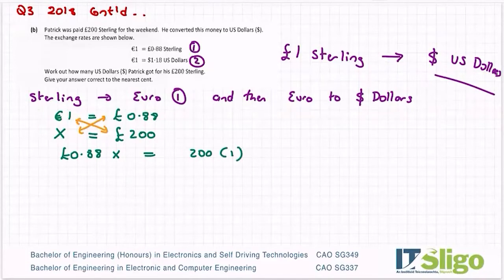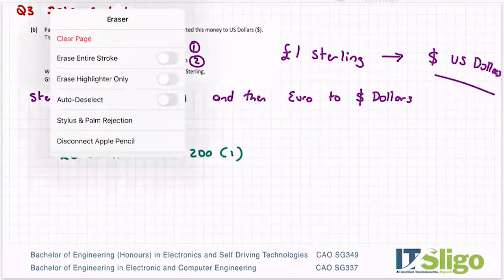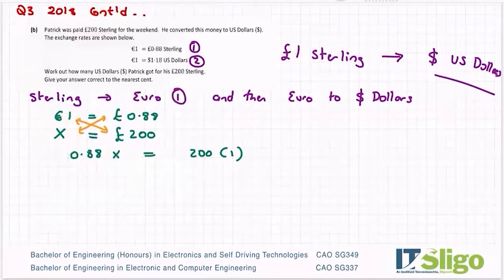I'm just going to take the symbols off to make it easier. So 0.88x, which I got from here, is equal to 200 by 1. I changed it so that my x value was on the left because that's the way we normally do them. Mathematically, it's no different.